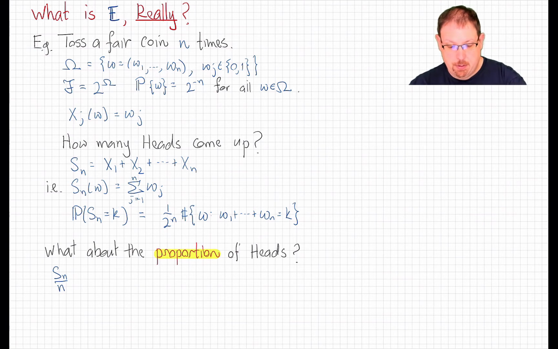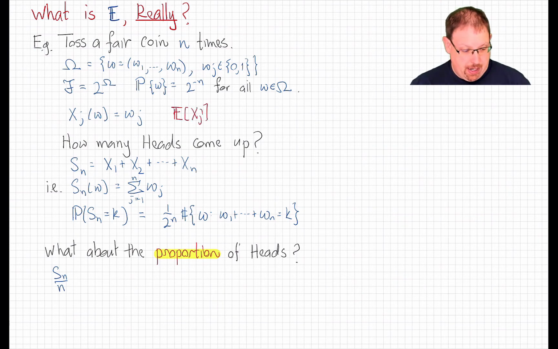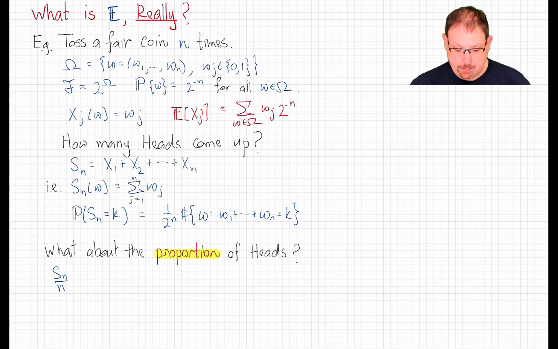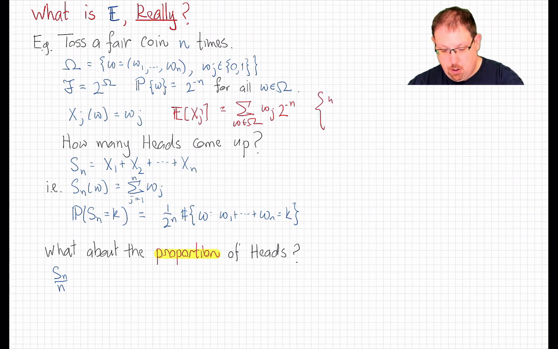Now we can compute the expectation here as we've done. Let's do it again, right from first principles. The expected value of xj is, by definition, the sum over the entire sample space of the value of xj, which is omega j, times the probability of xj, which is 2 to the minus n. Now, we could write out this sum, but really all we have to do is note that omega j equals 0 half the time.